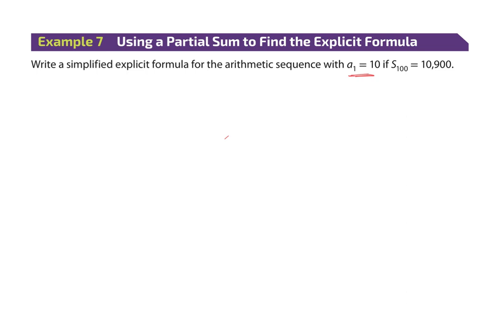All right, just looking at this example, pay attention to your notation. They've given you a sub 1, that's your starting term, S 100. What do you think that is? S 100. That's actually the summation of the first 100 terms, okay? So they've actually given you your summation there. So when you look at your summation formula, something like this, all right? They've actually given you your summation. That's 10,900.